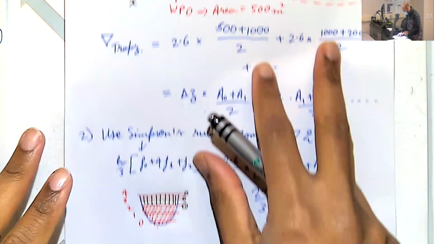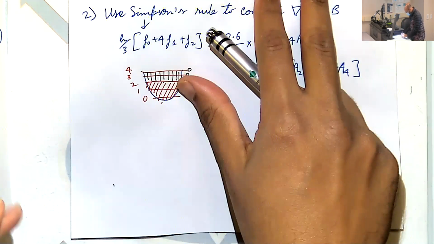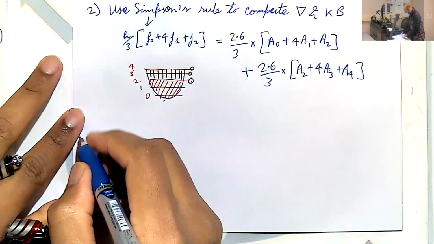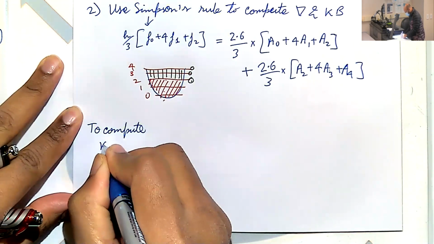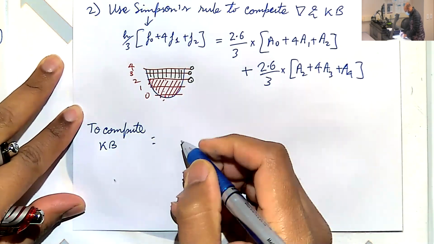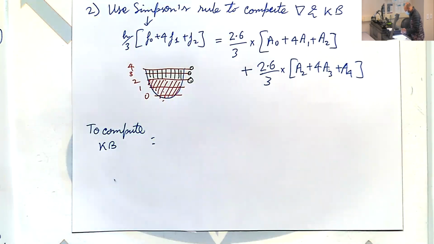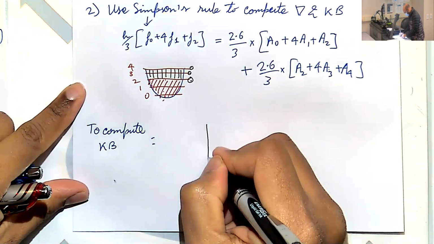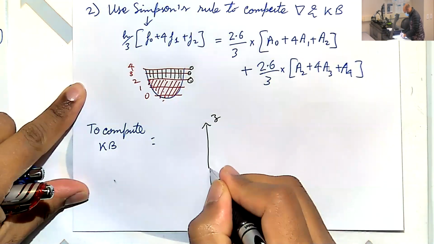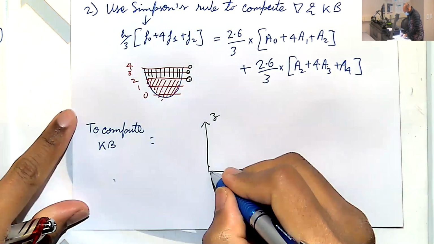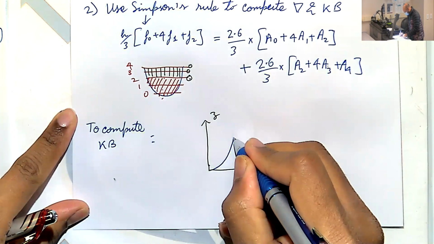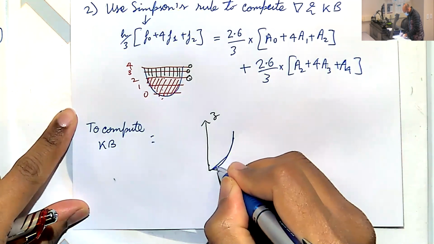Let's see what the KB means. So to compute KB, again, we use the same view we were looking at. We have Z here, we have Y here, and we have the hull. Yeah, narrow hull, but fine.